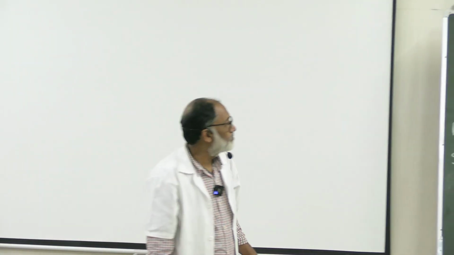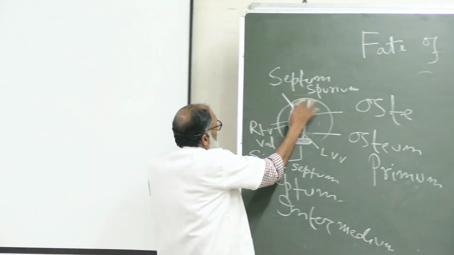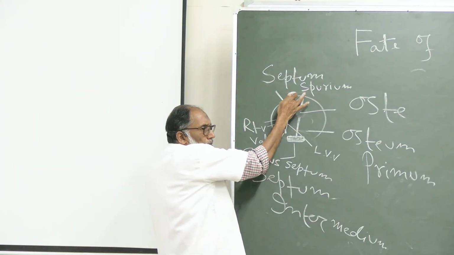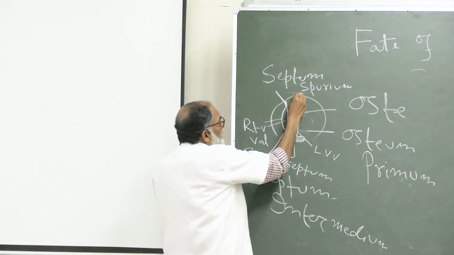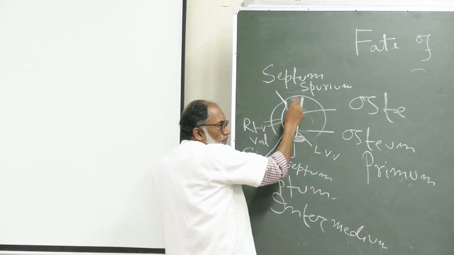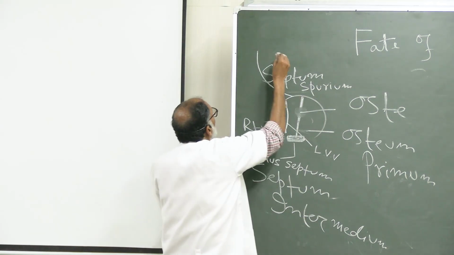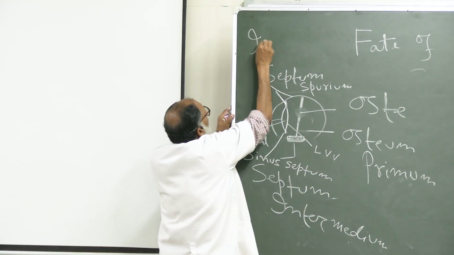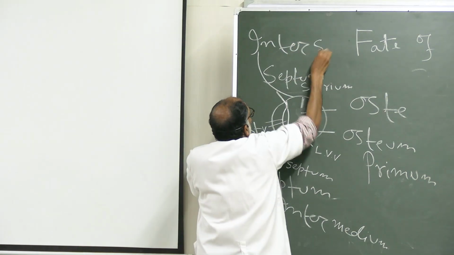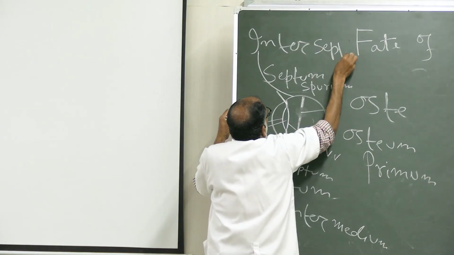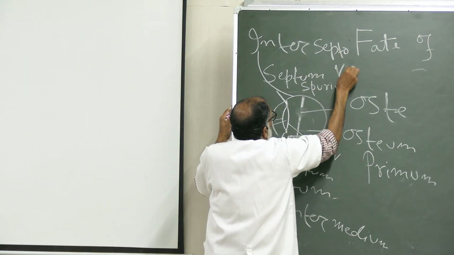This part is known as the interseptovalvular space. This space is between the septum primum and the septum spurium, between the two septums.